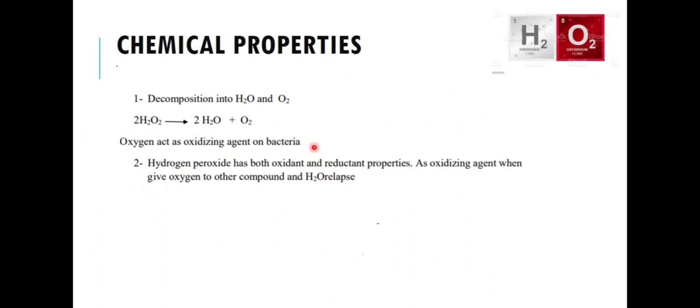An example: when potassium iodide is treated with hydrogen peroxide in the presence of sulfuric acid, it is oxidized to iodine, potassium sulfate and water.